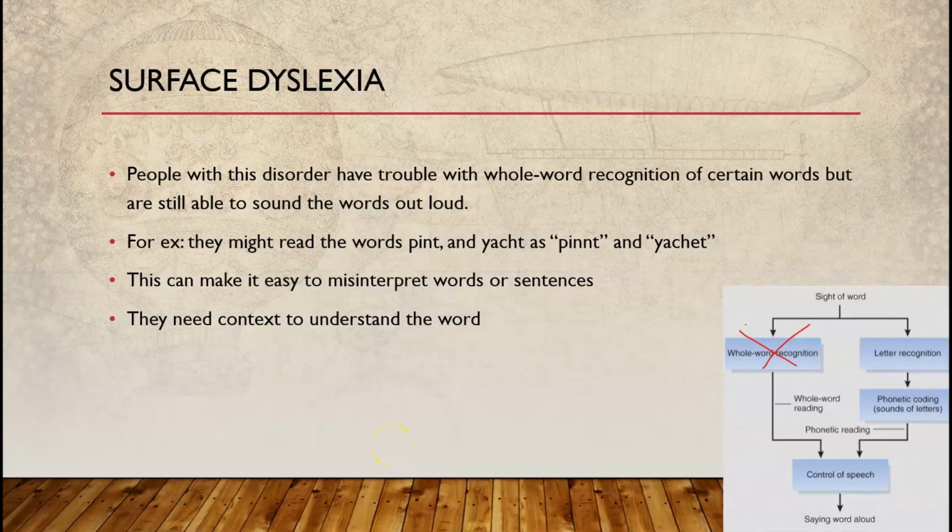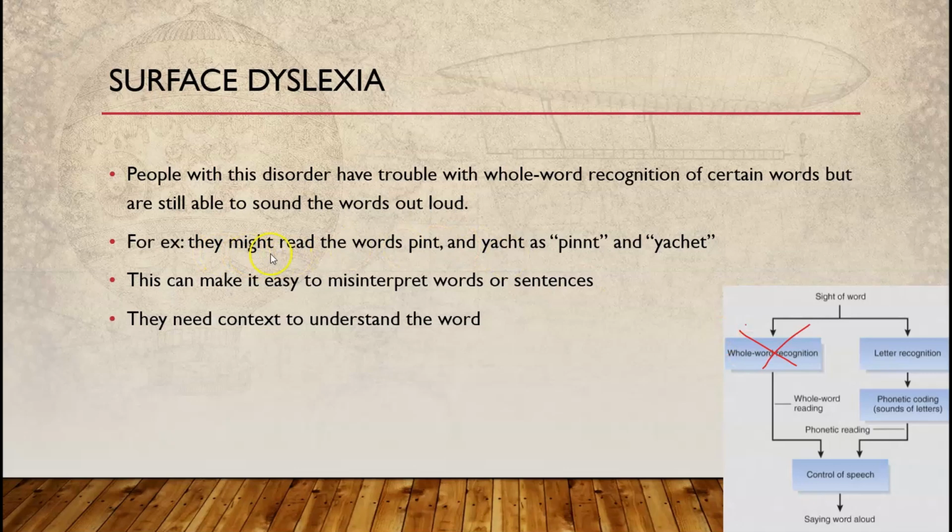Alright, now let's talk about surface dyslexia. People with this disorder have trouble with whole word recognition of certain words, but are still able to sound the words out loud. So basically, they have trouble visualizing the word correctly as it is.